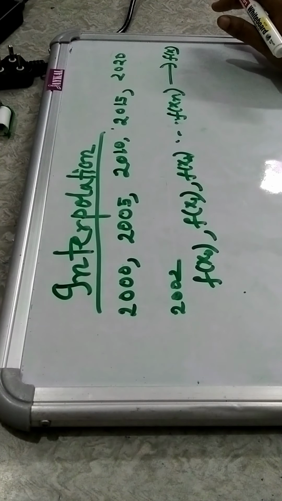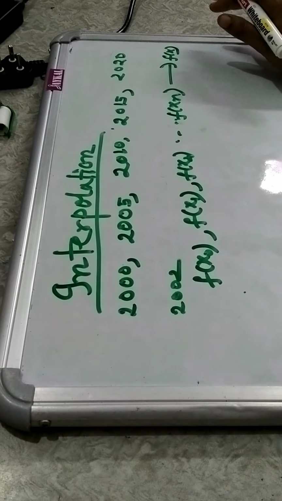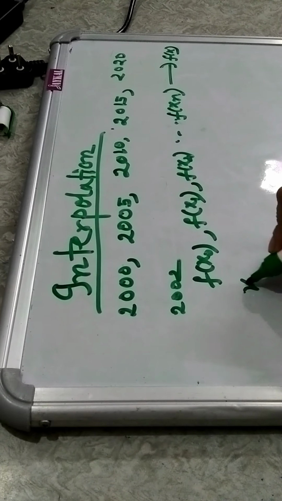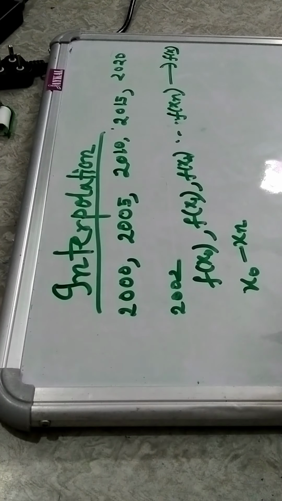The method of finding the value of f(x) for any value within the range x0 to xn is known as interpolation.